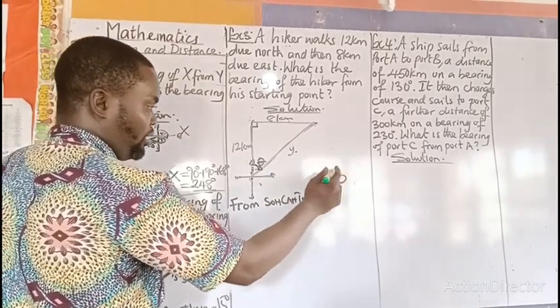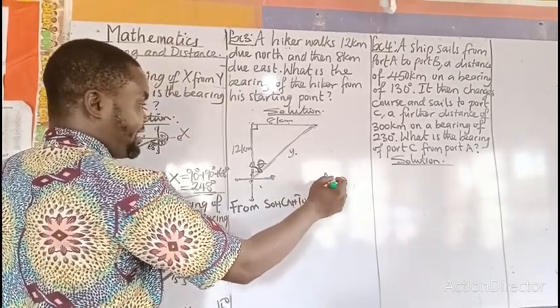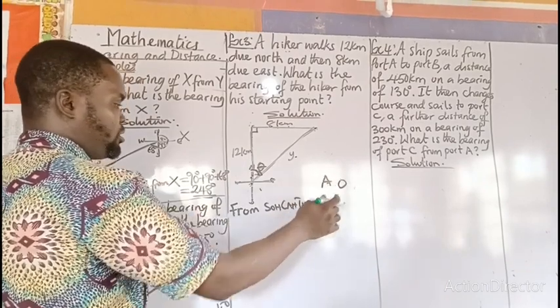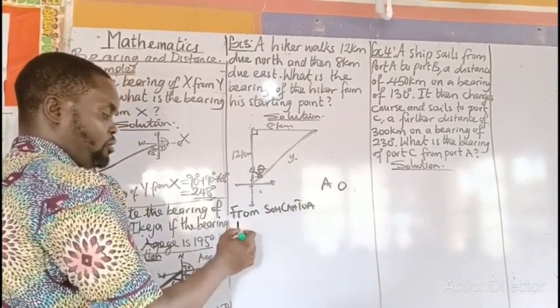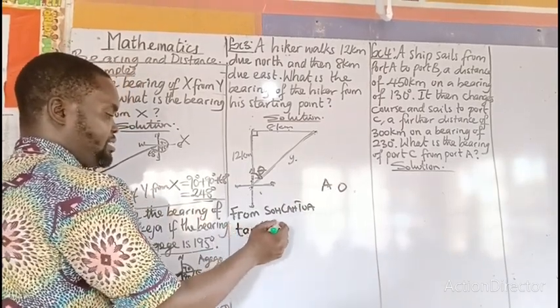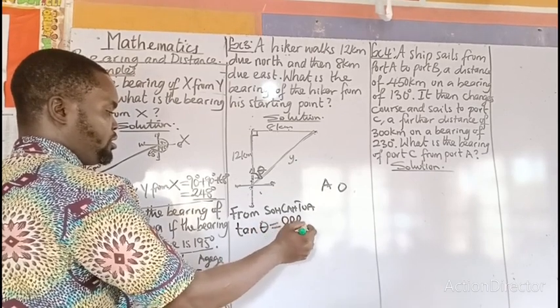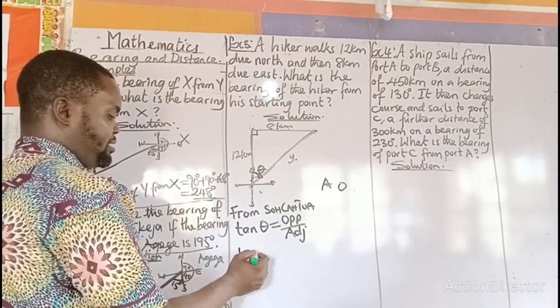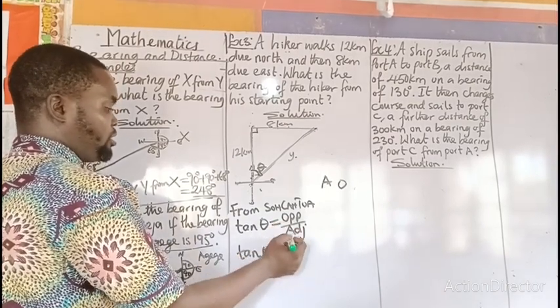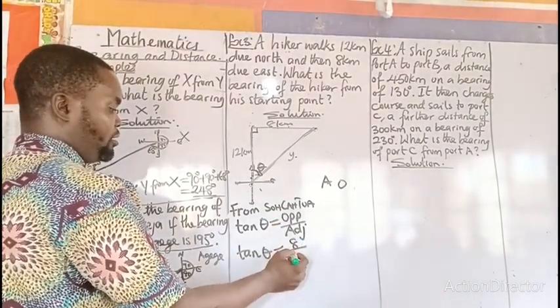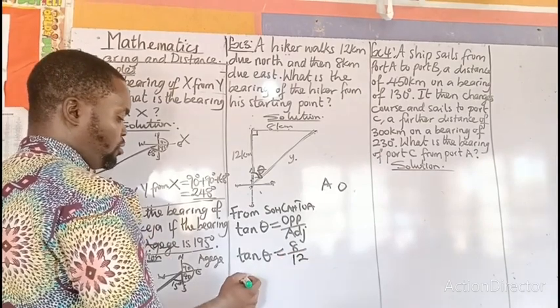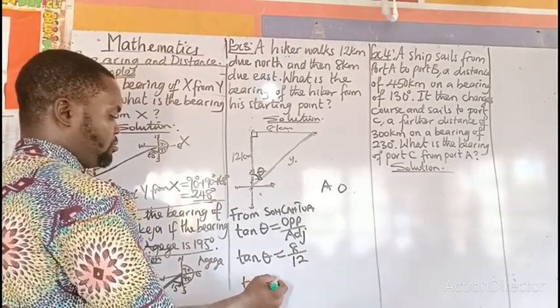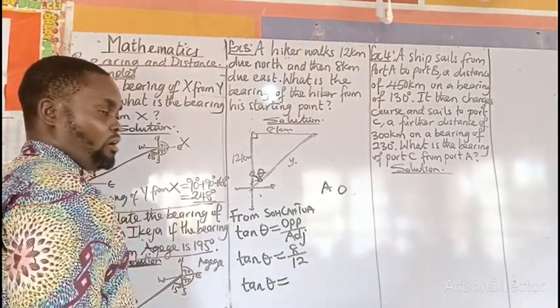Tan. So we say tan theta equals opposite over adjacent. Our opposite is 8, over 12.